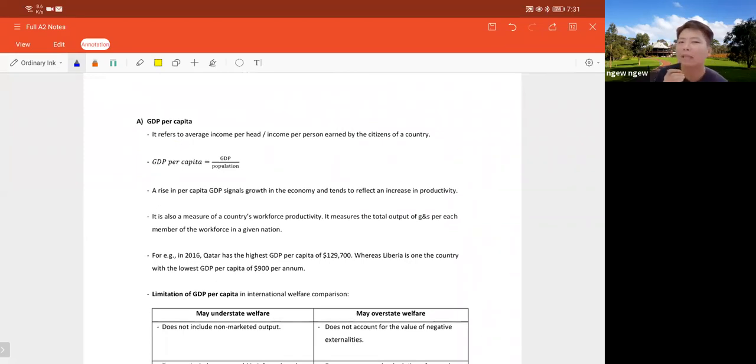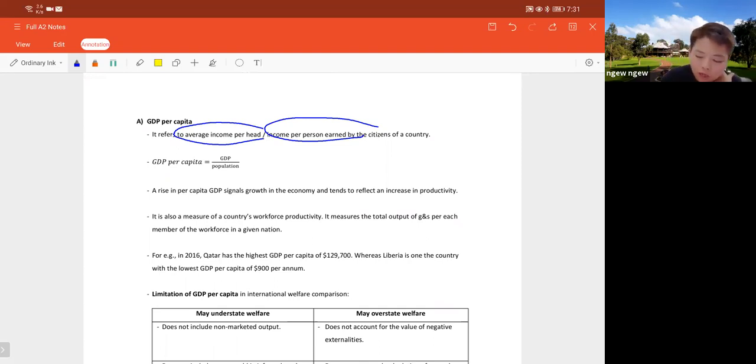GDP per capita is slightly better than GDP because at least it is adjusted to the changes in population. It shows you precisely the average income per head, the income per person earned by the citizens in the country.